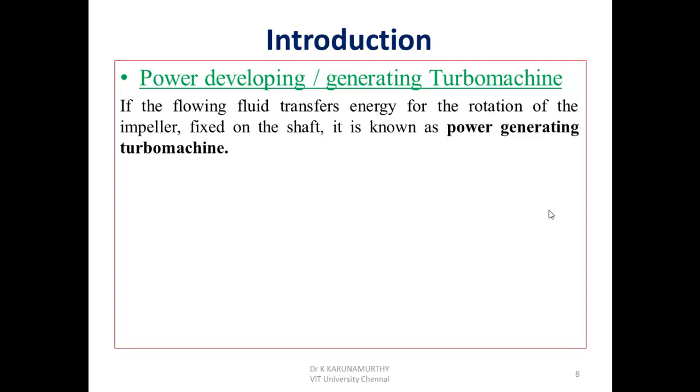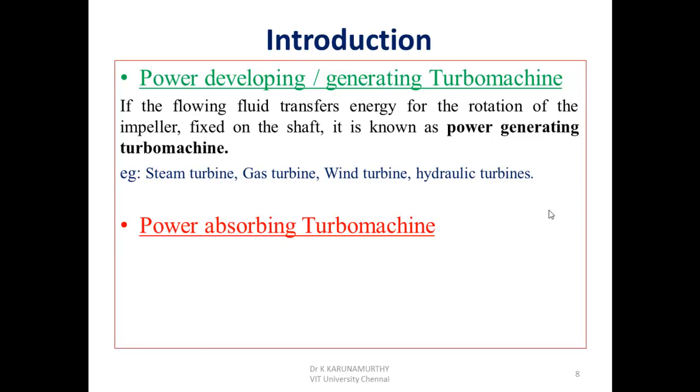So basically we have two different types of turbomachines: power developing turbomachines and power absorbing turbomachines. All types of turbines like gas turbine, steam turbine, wind turbine, and hydraulic turbines are power generating turbomachines, because in power developing turbomachines, mechanical energy is produced, or we can also produce electrical energy.